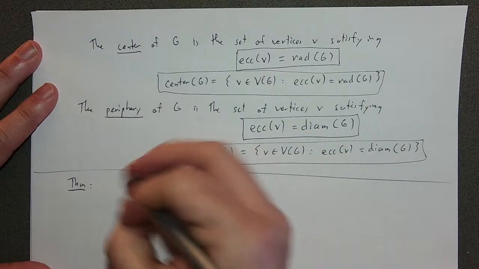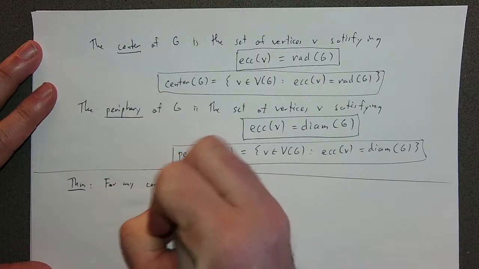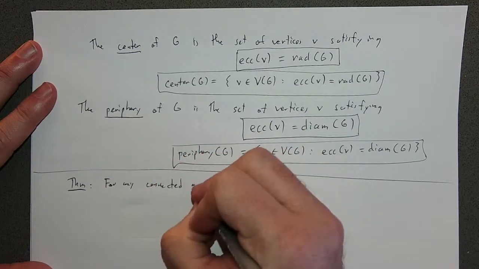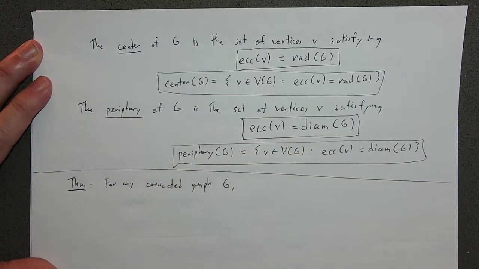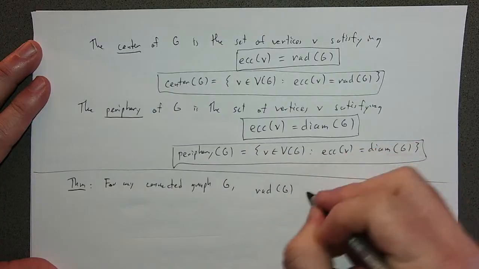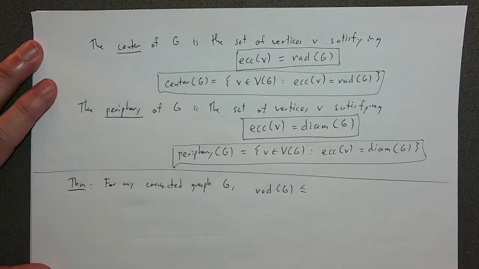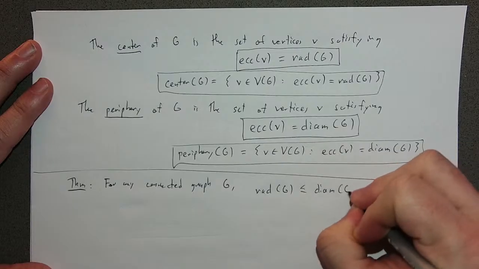For any connected graph, the radius of G is necessarily less than or equal to its diameter, although these could be equal.